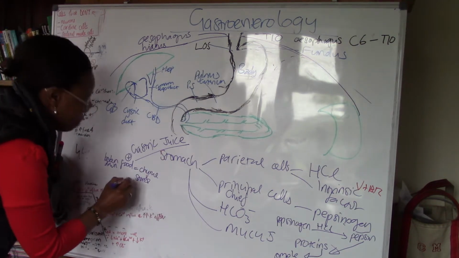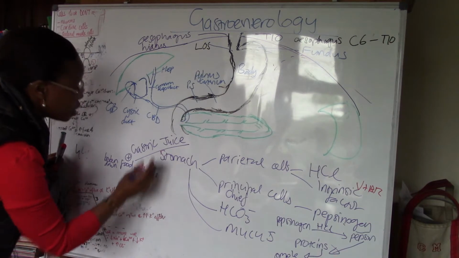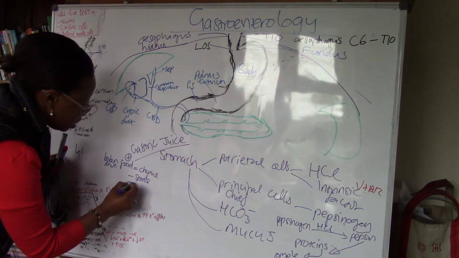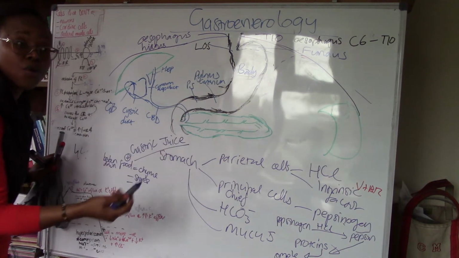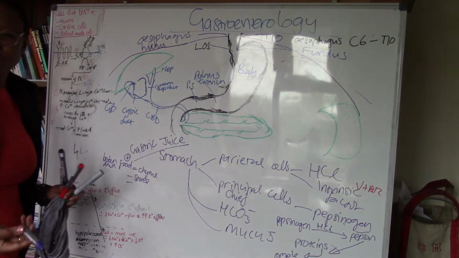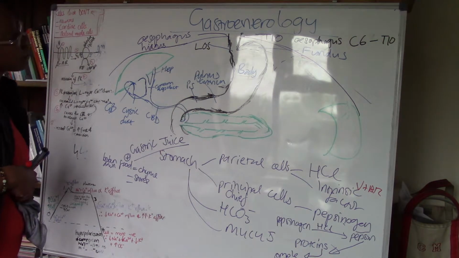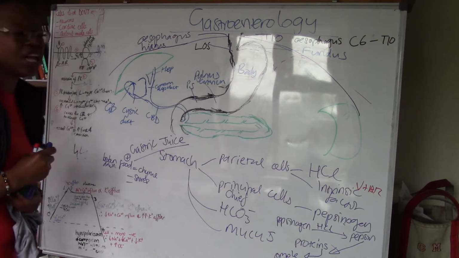The stomach stores chyme and then transports or deposits it into the duodenum, for actual absorption of nutrients, because the stomach really does not absorb any nutrients. It doesn't undertake digestion and absorption.